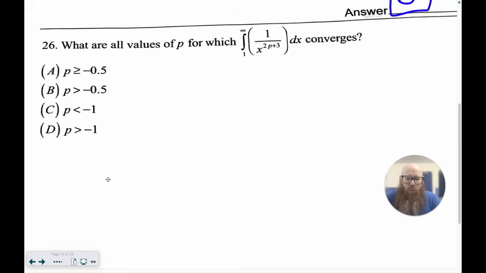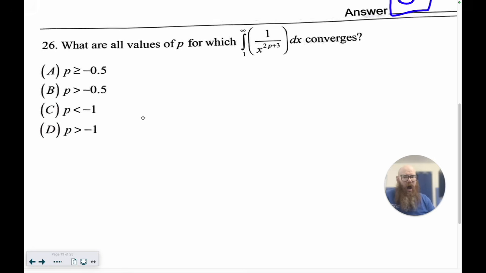So when we have the integral from 1 to infinity of something that looks like a p-series, I mean, basically is a p-series, the rules are the same for converging and diverging as the summation of a p-series.